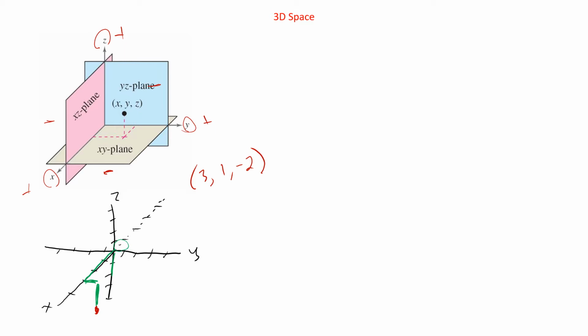Now, what's weird about 3-dimensional graphing, especially if we don't have that trail there, is that this is not the only point that could be in that exact spot. This also looks like it could be x is 5, y is about 3, and z is 0. In fact, there's an infinite number of points.